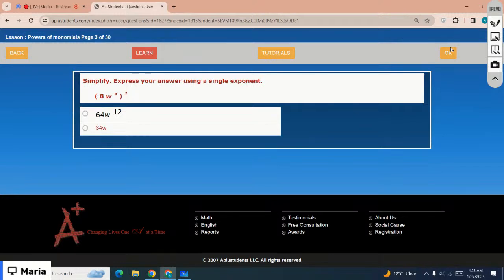Yes, the correct option is option number 1, that is 64w12 is the correct option.